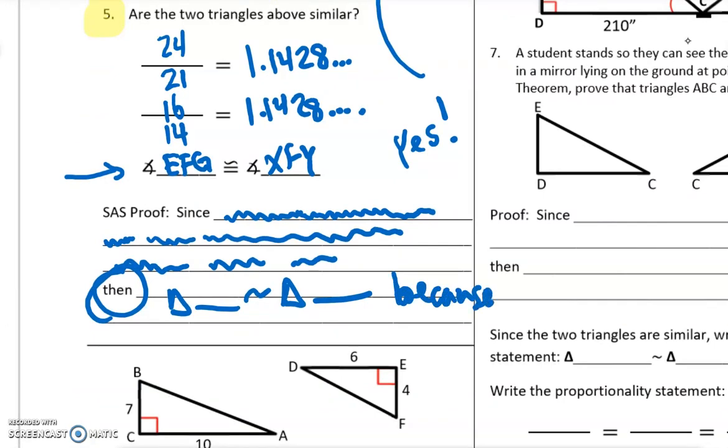You can say because of side, angle, side, similarity theorem. I didn't want to write that out for you. You guys need to get the practice of that. So it should say something like this.